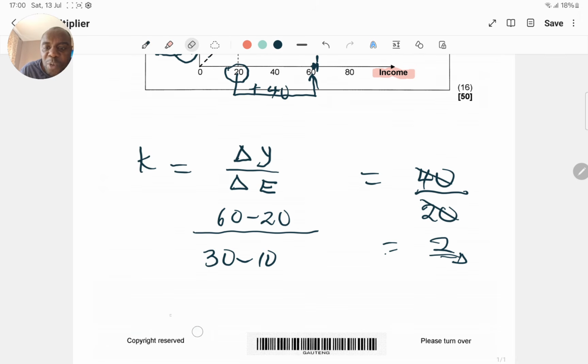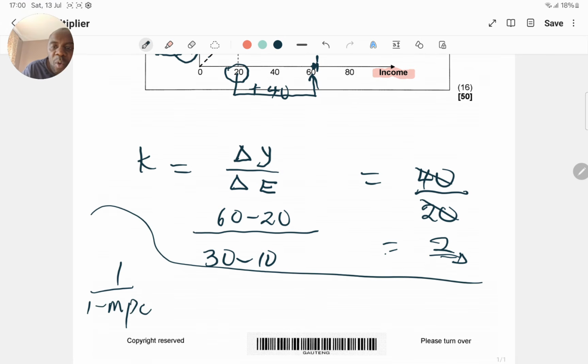This is exactly how we calculated the multiplier earlier on. How did we calculate it? We said 1 over 1 minus MPC. So it's 1 over 1 minus 0.5, and then it gave us 2. Then how did we use the 2? We said our initial spending is 20 million. The examiner may not actually use the word spending.